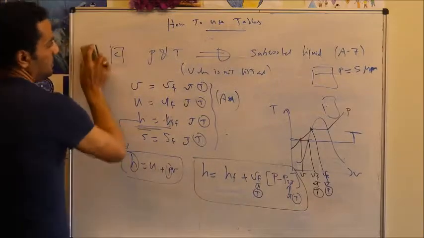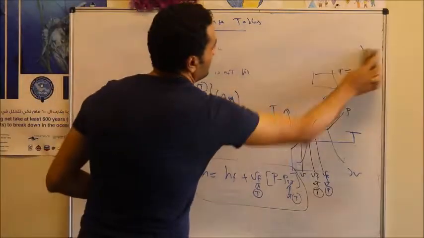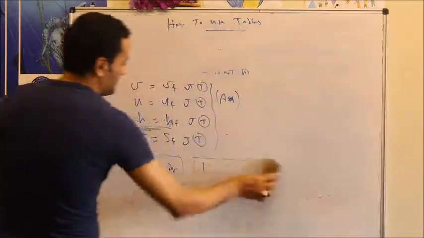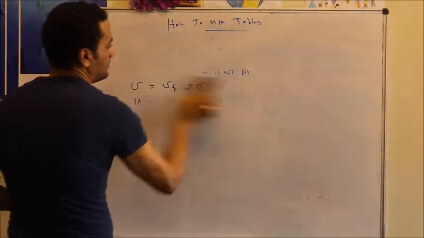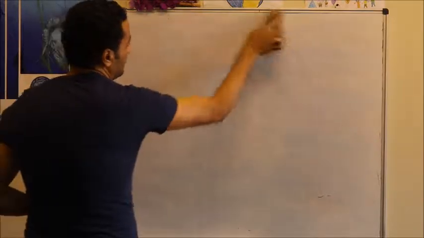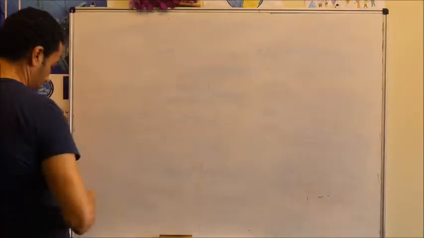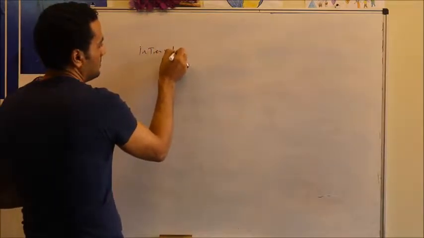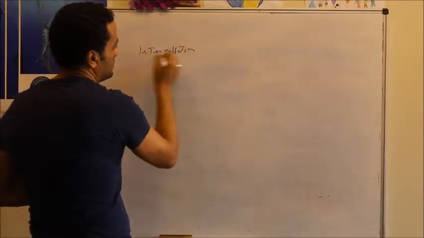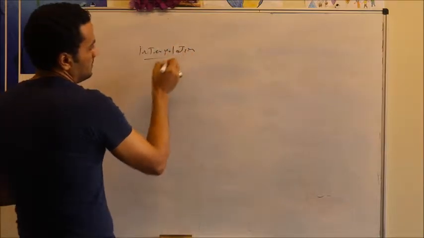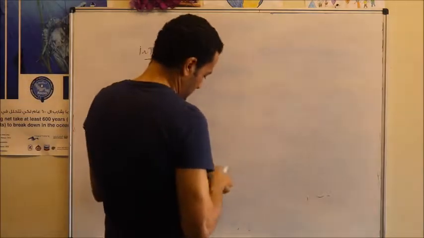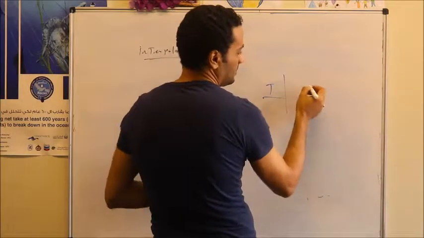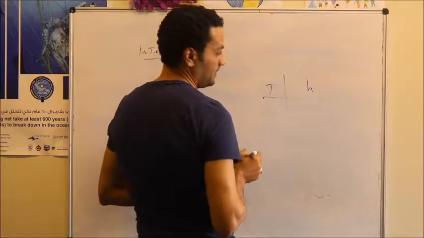So we are left with only one notice for you regarding steam tables, which is the interpolation. If you go to the table at a given temperature, let's say I need to calculate enthalpy.